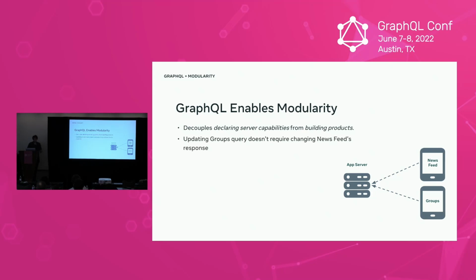We'd like to have products that hit similar but not quite identical server capabilities. They might hit the same field and use the same resolvers, but when I ask for more information in, say, the groups product view, I don't have to worry that the response shape in newsfeed is going to change on me. And when I build new features like groups, I don't need to make a custom groups endpoint. I can just compose the capabilities that the server has already provided me.